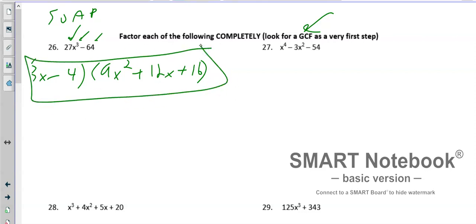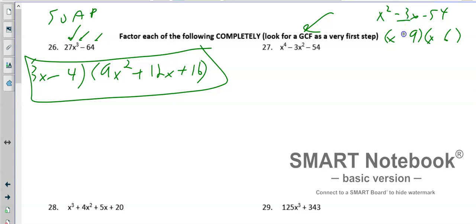All right, over here, this factors just like this. Okay, the only difference is we have a 4 instead of a 2. But look here, if we factor this, we're looking for two numbers that multiply to give us 54 that differ by 3, which is 9 and 6.